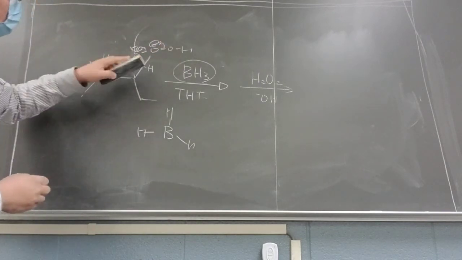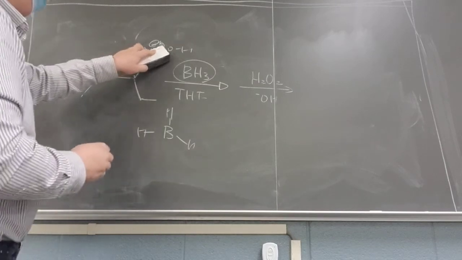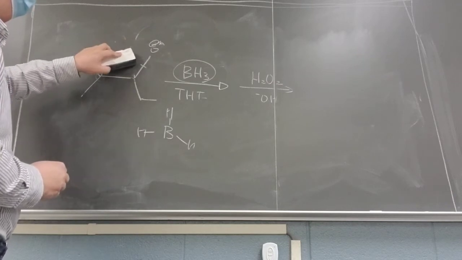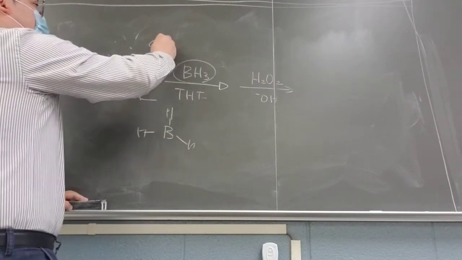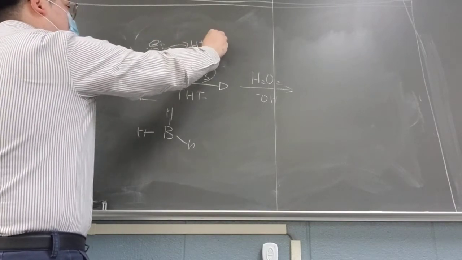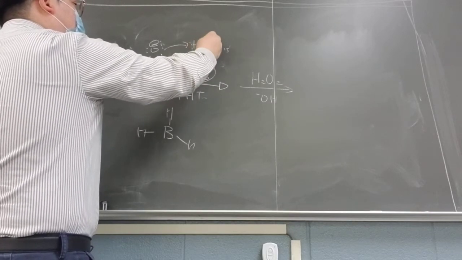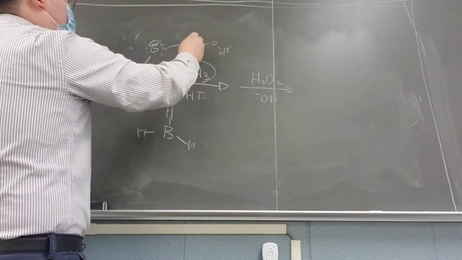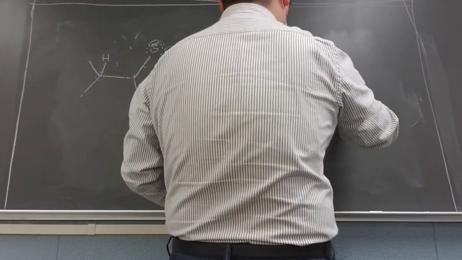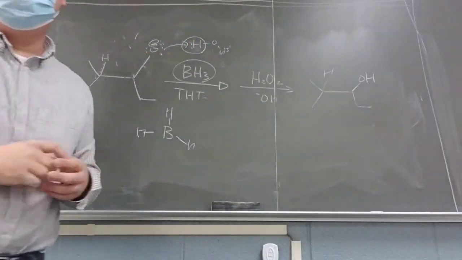So they leave this one, and they leave this one too. And later the negatively charged oxygen will grab one of the protons, from water or hydrogen, and then it becomes the alcohol.